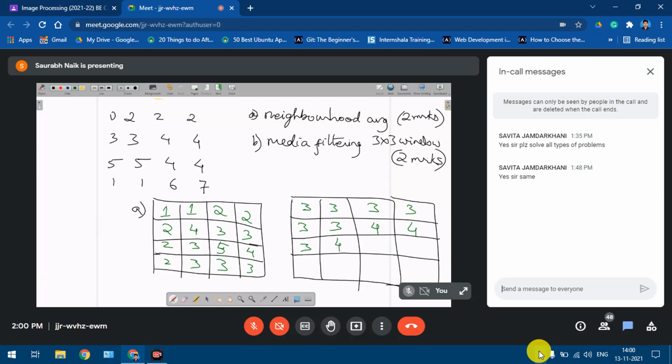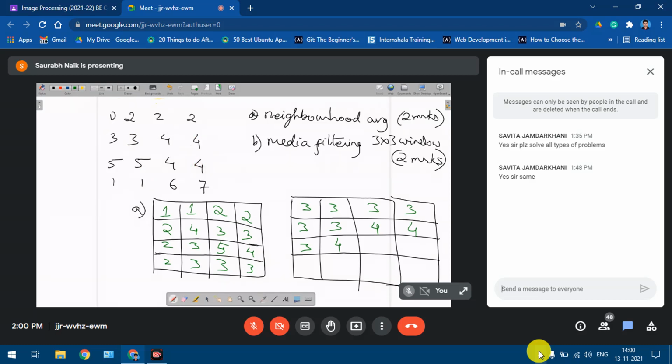Then at 2 comma 2, I'll be having the list of numbers as this. That is 3, 4, 4, 4, 4, 5, 1, 6, 7. So when I sort this, this is going to be my first number. Then I have 3, which is the second number. 4 is going to be the third, 4 again as the fourth, and 4 again as the fifth number.